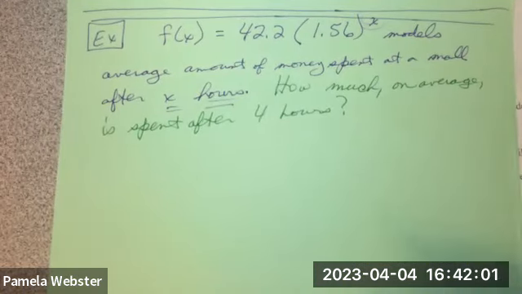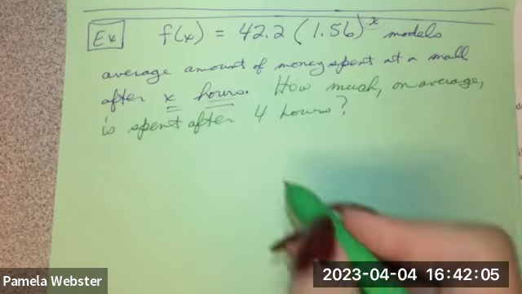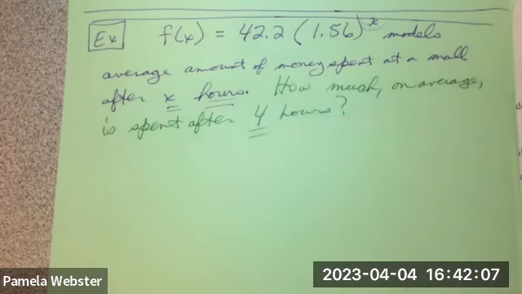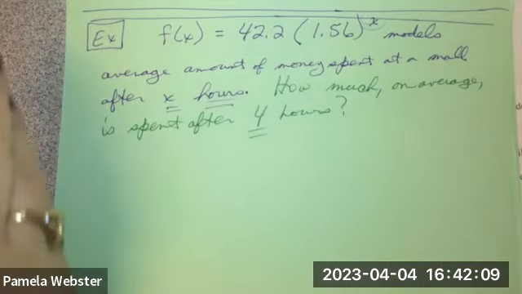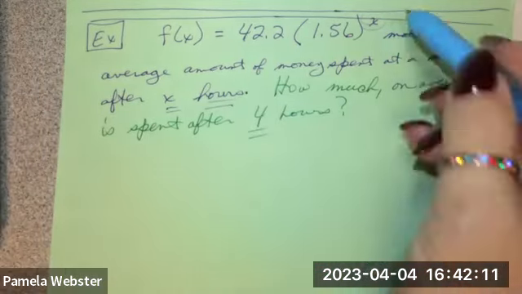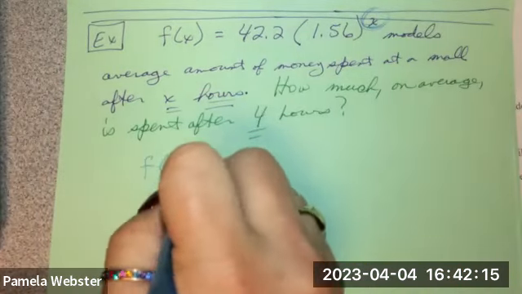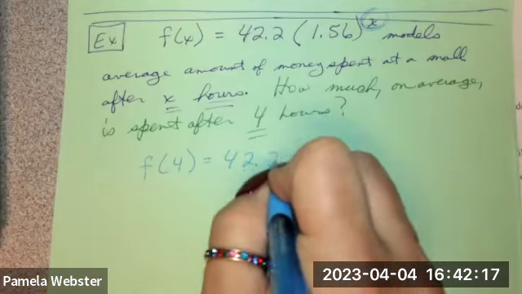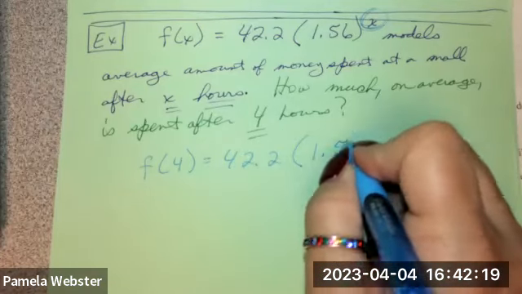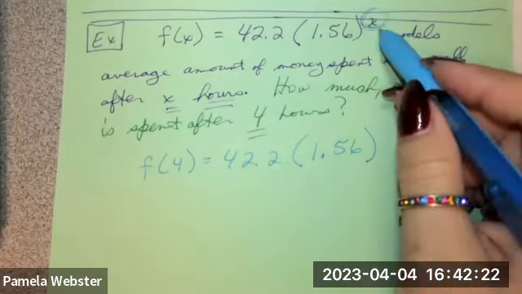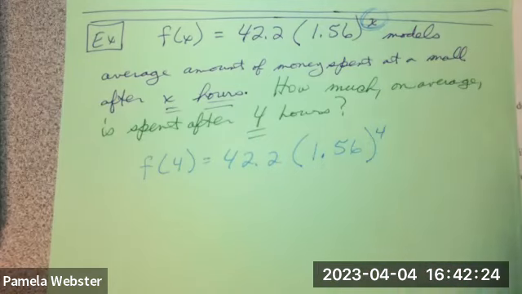I hope you can. It's just like any other function. They want to know 4 hours. So what are you going to do? Plug in 4 everywhere you see an x, right? So what does that look like? f of 4 is 42.2 times 1.56 raised to the, instead of x, yep, we're going to put in a 4.